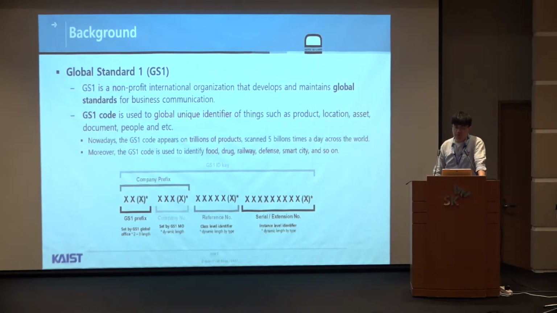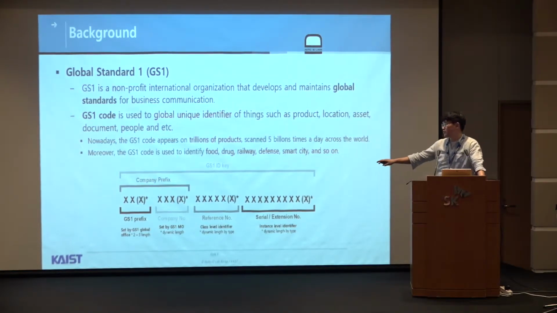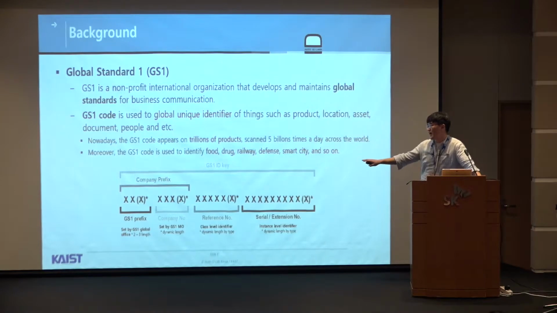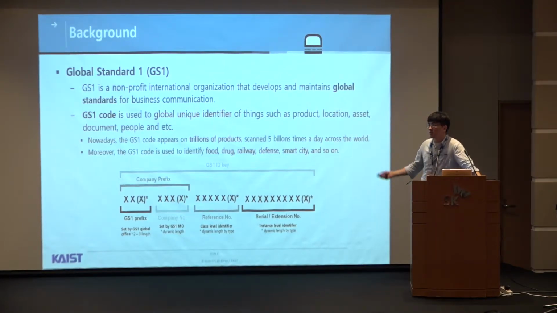Especially the US FDA now enforces the use of the UDI, which is provided by the GS1 code, for medicine. So a lot of products and IoT devices use the GS1 code for identification.